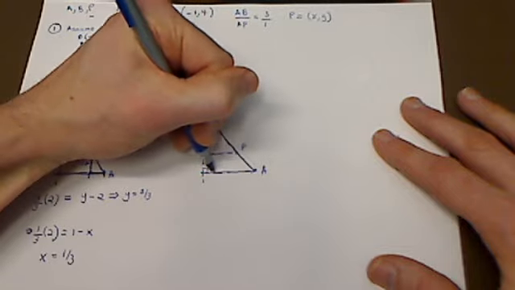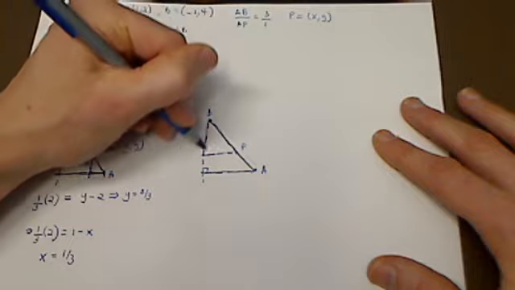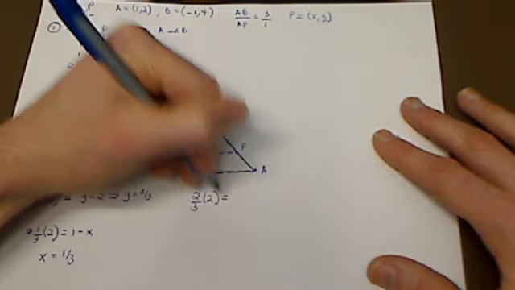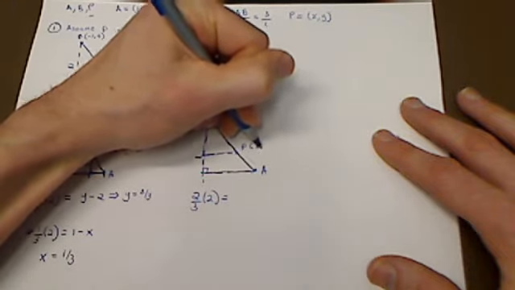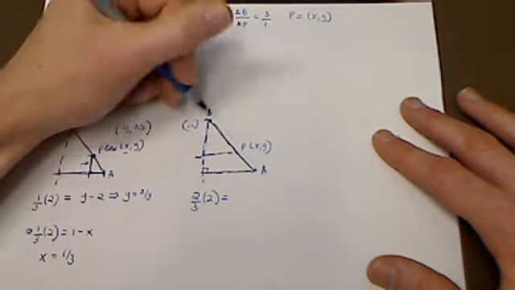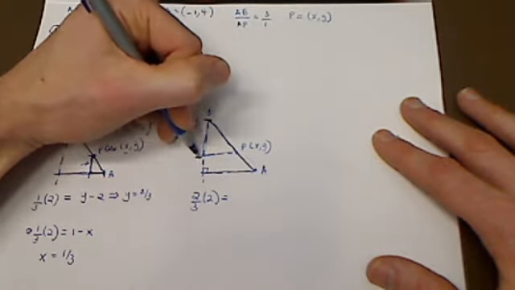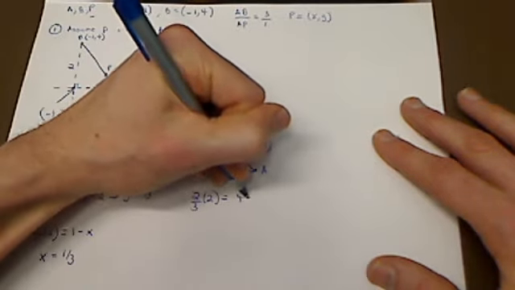We know that this length, which again is still 2, well, I'll do the y coordinates first. We know this length, which is 2. If we take 2/3 of that, that must equal the length involving the y coordinate of P. And so we take the difference of the y coordinate of B and the y coordinate here of P, so we get 4 minus y.